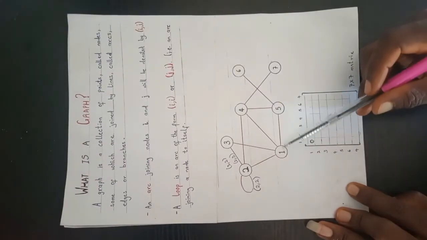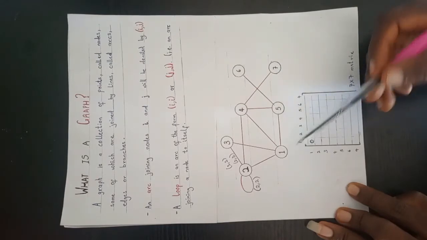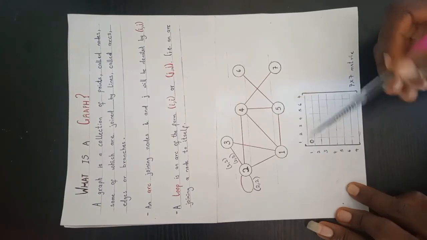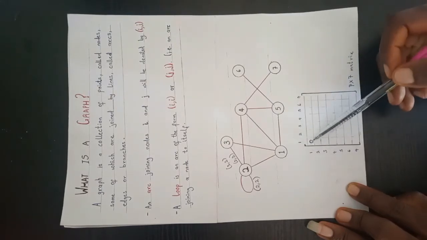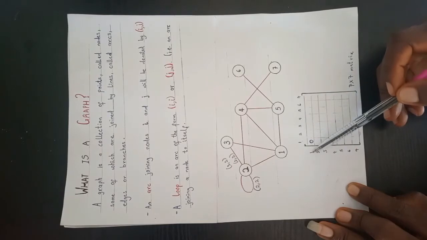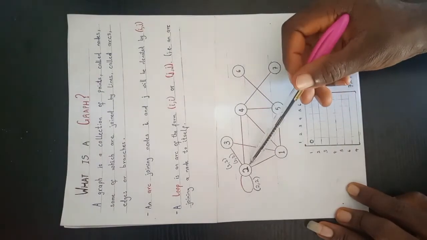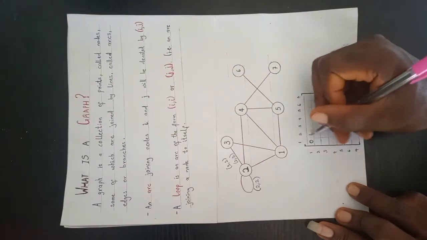And so for each pair of nodes that we check, if there is an arc that connects them, we represent them as 1 in our matrix. But if there is no arc connecting them, then we represent it as 0. Right here, we don't have an arc joining 1 to itself, and so we have 0 here. Now let's check, is there any arc joining 1 to 2? Yes, there is an arc here connecting 1 and 2, and so we have 1 here.